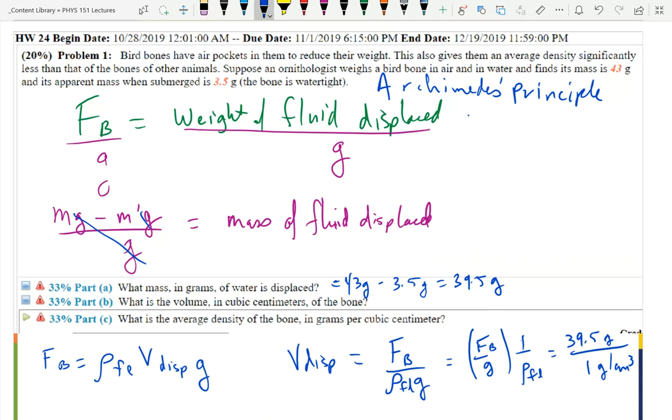So, wow, it just comes out to be 39.5 centimeters cubed. Is that right? I believe so.